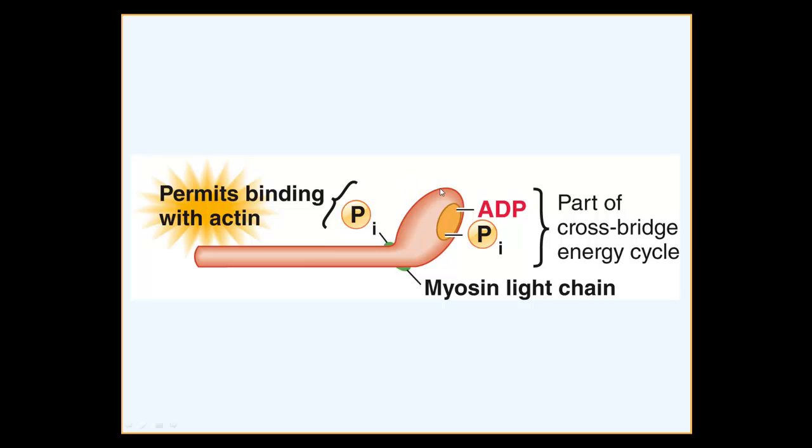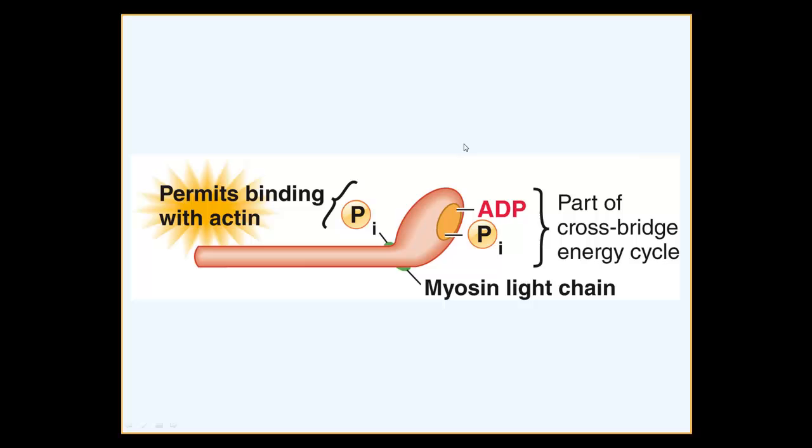Once they are phosphorylated, they change position, and that allows the myosin head to latch onto the actin filament. Just as a note, we do not have troponin in the smooth muscle fibers.